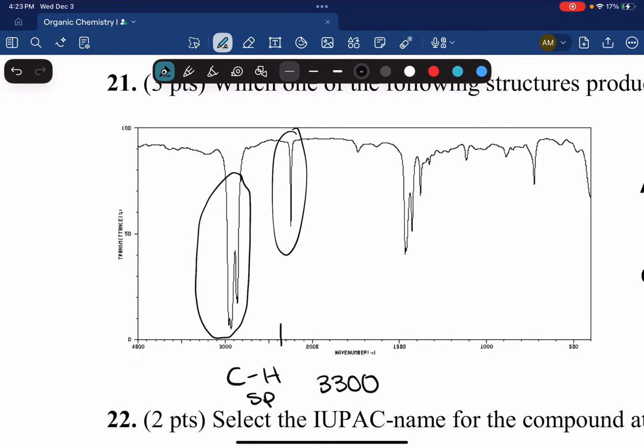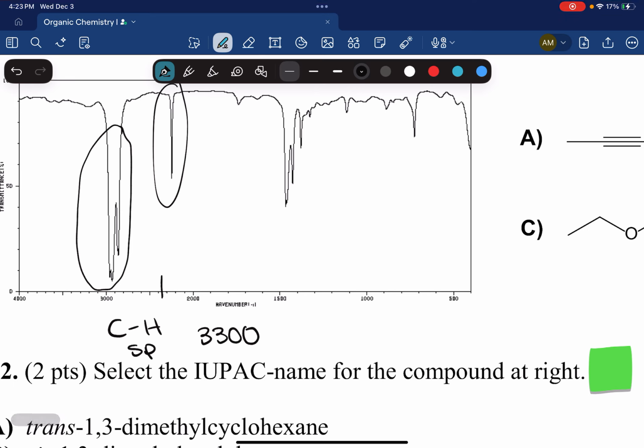And sp2 IR is never perfect. I know the hydrogen bonds aren't where we expect them to be, but it's never going to be perfect. But we do for sure see our nitrile.